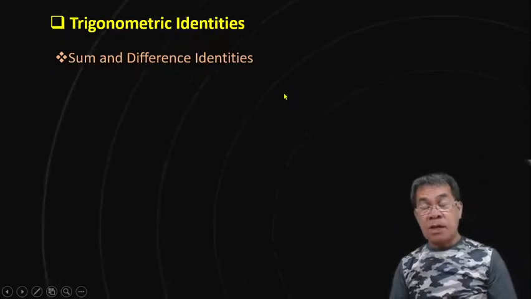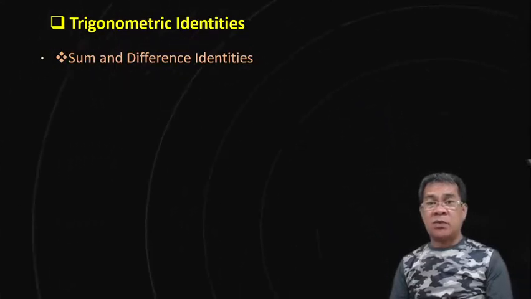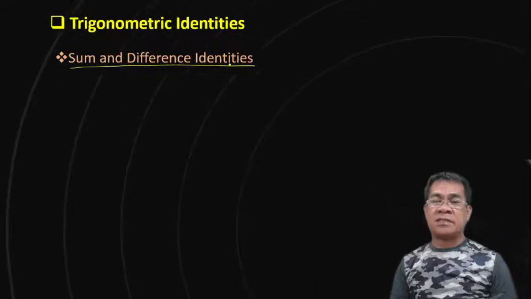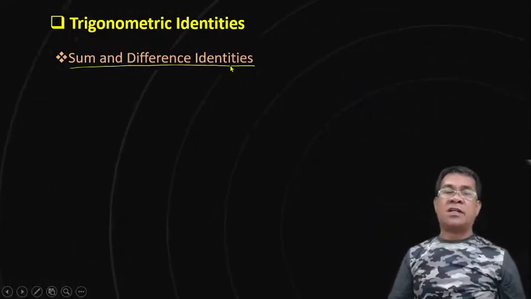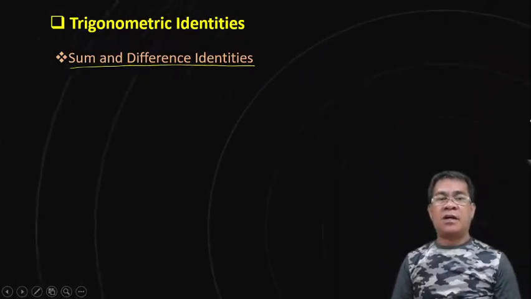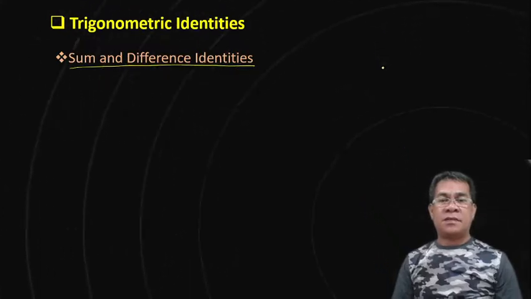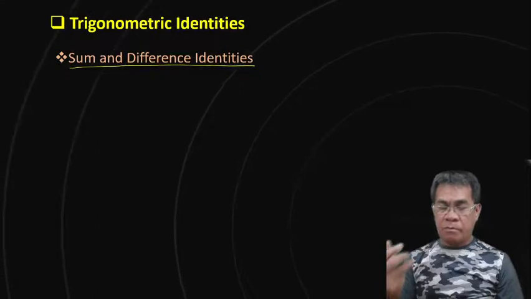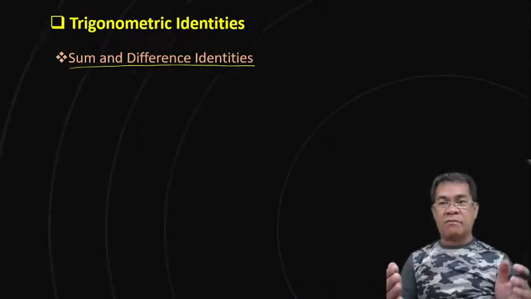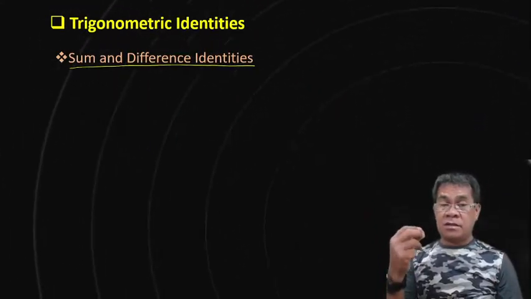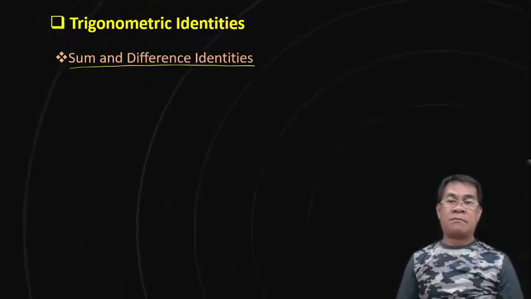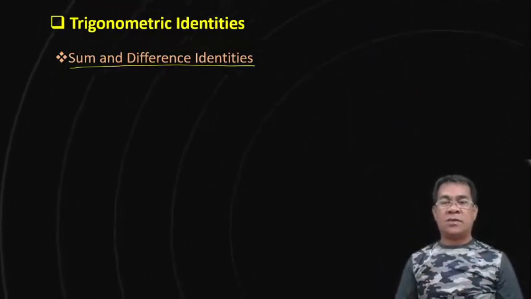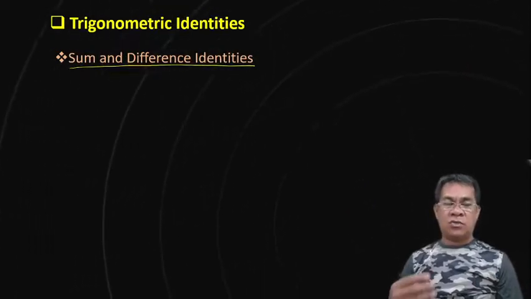Now, next we need to know the sum and difference identities. Why? Because there are cases where you have the operator sine and the angle forming a sum, for example, theta plus beta, or 30 degrees plus 75 degrees. How do we evaluate that?